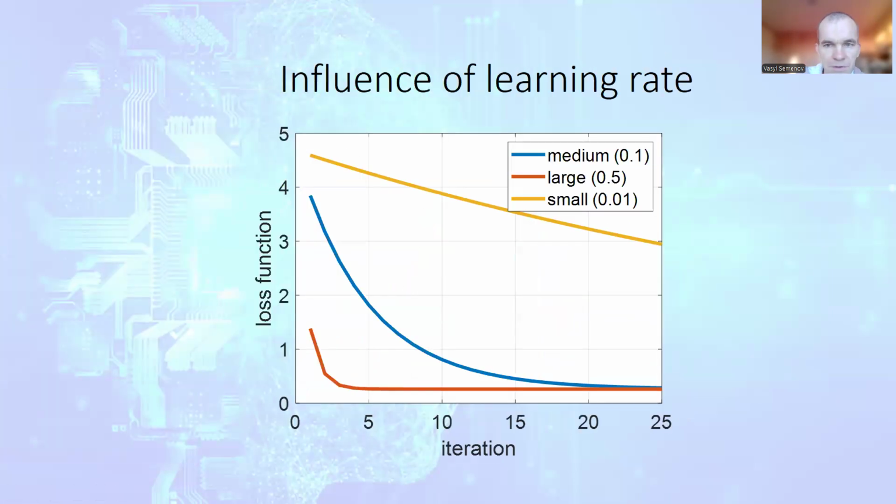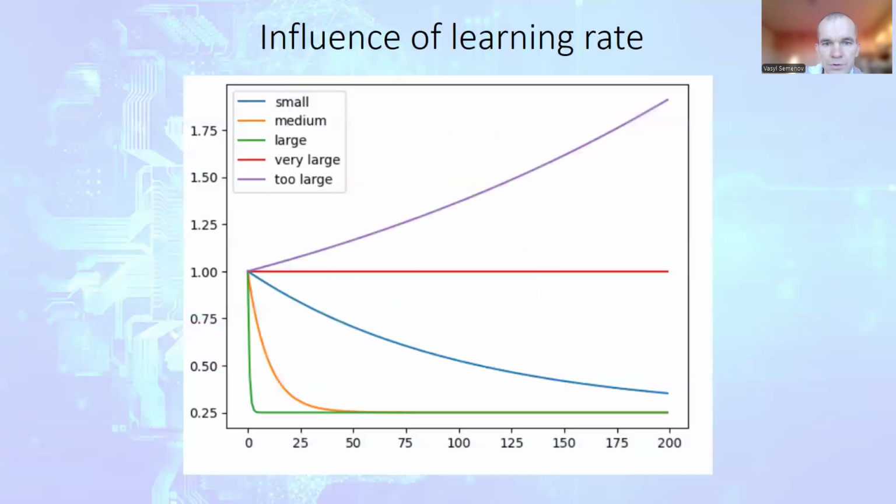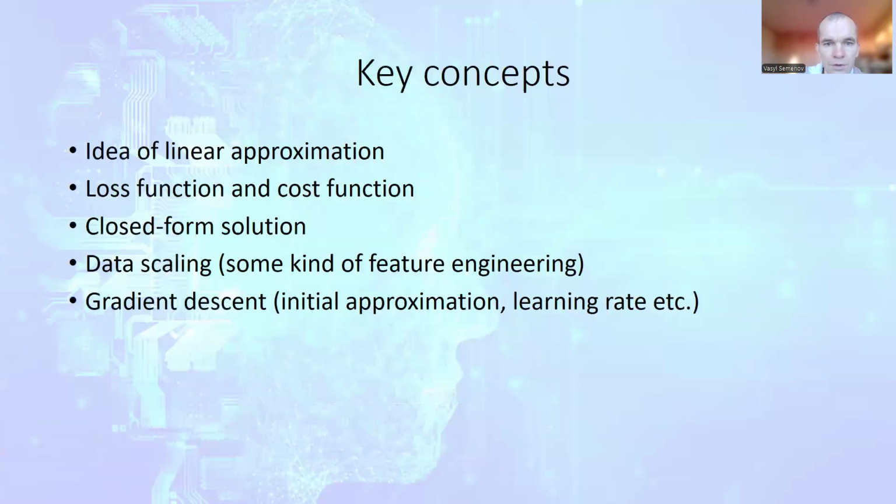Here, in this presentation, are also the plots for different choices of learning rate. So what we have considered by now in these two videos for linear regression: the idea of linear approximation, as we approximate target values y as wx plus b. We introduced the loss function and the cost function.